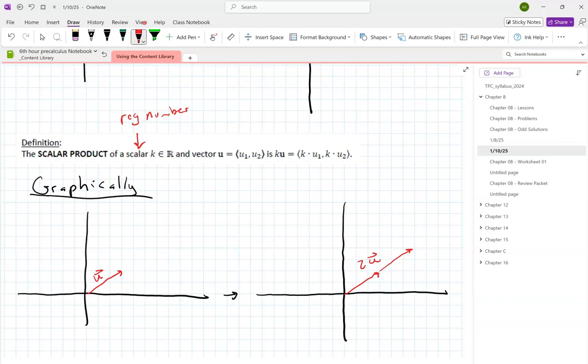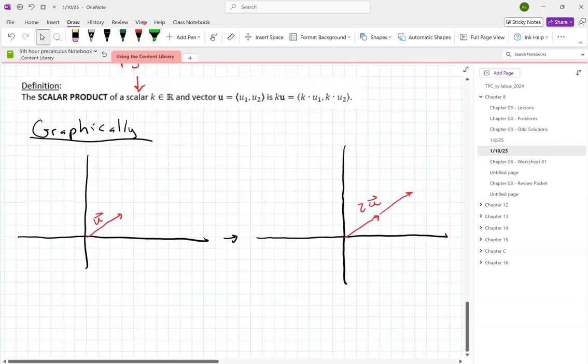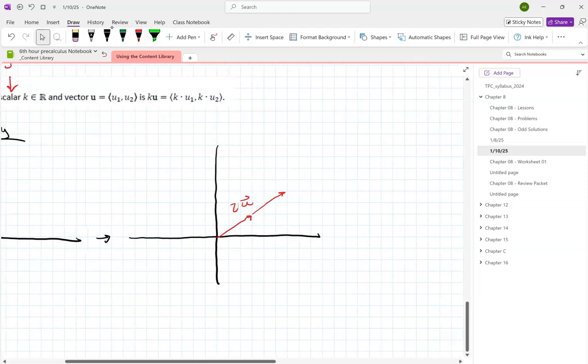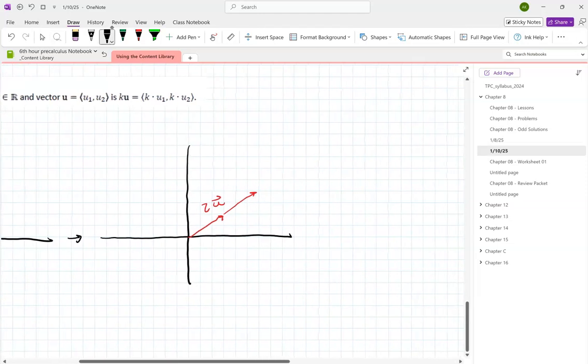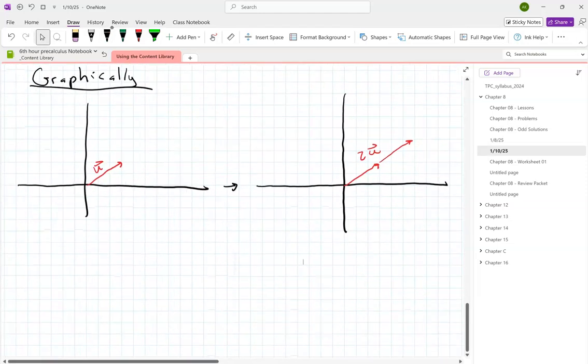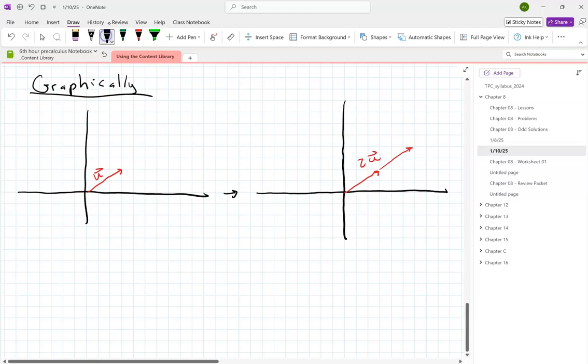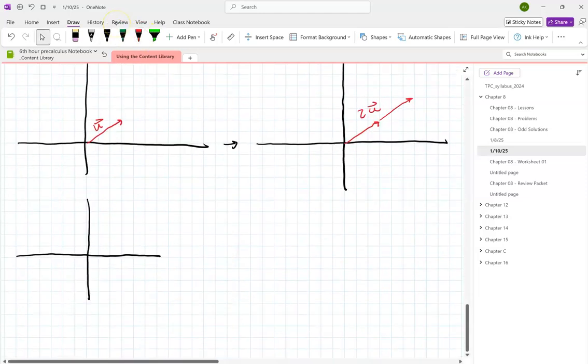unless, what could I do that would change the direction? What do you think? We haven't talked about it yet. Yes, very good. What's going to happen if I make it negative? That's exactly right.